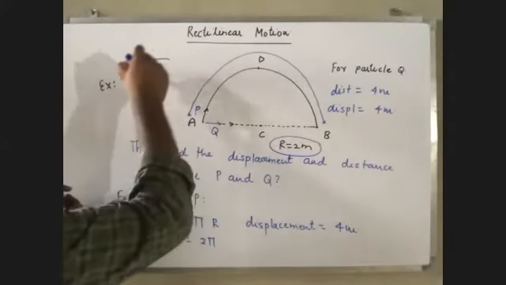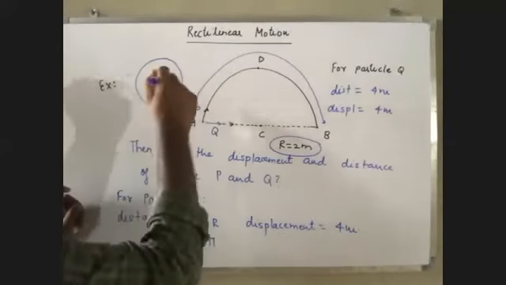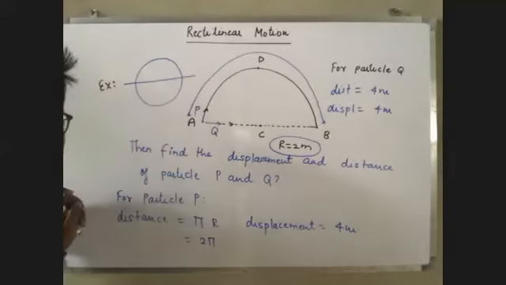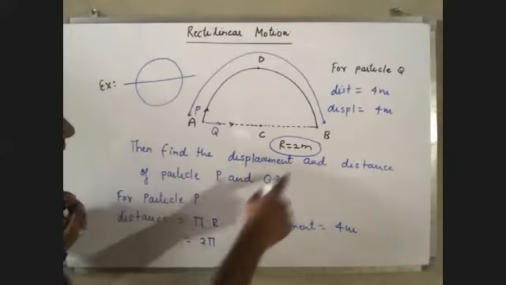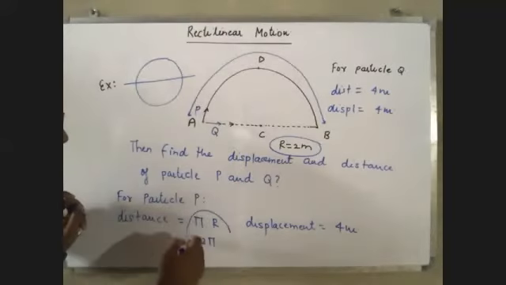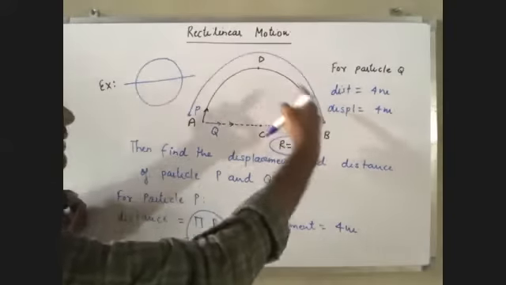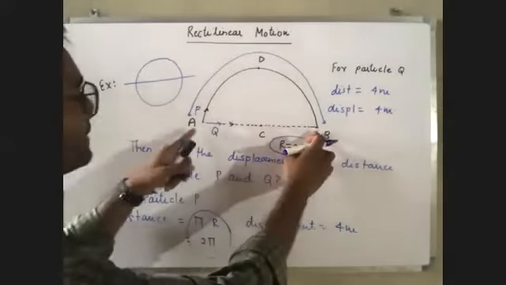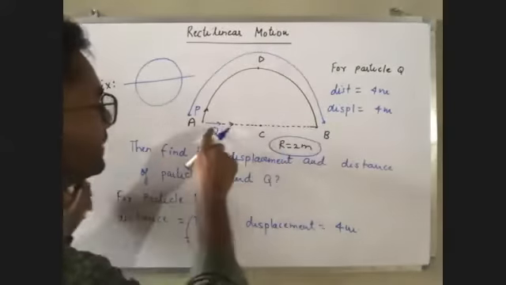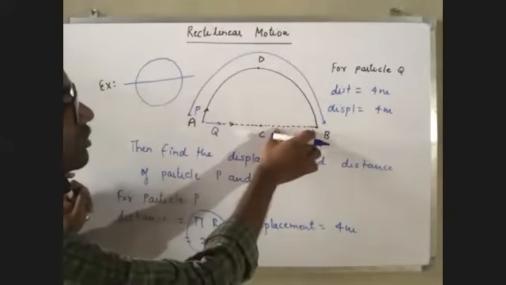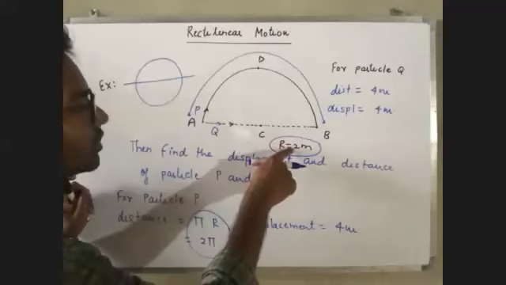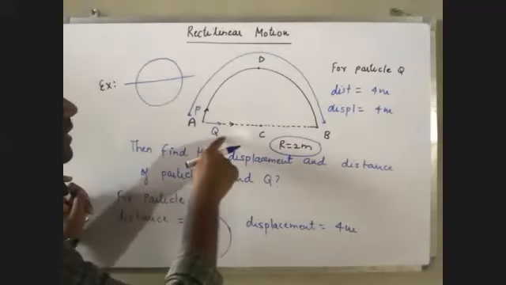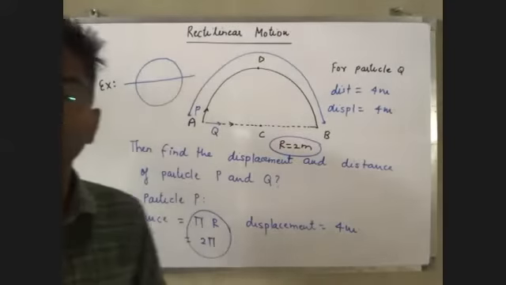For a circle, the total is 2 pi r, so half is nothing but pi r. So pi into 2 meters, 2 pi, is the distance traveled, and displacement is the minimum distance between points A and B. It is along a straight line, and actually this is nothing but a diameter. So the diameter is 2 plus 2, 4 meters. Now is it fine? Is it clear?